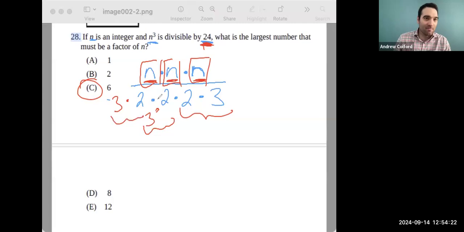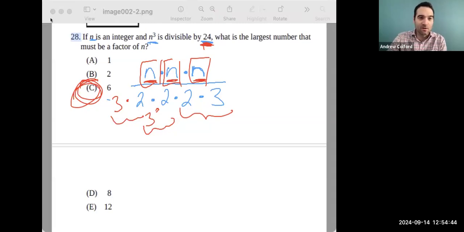And so at a minimum, n cubed must be divisible by 6 times 6 times 6, and therefore n at a minimum has to be 6. Okay, great. Elaine isn't here at the moment, but she and I can talk about this offline. Let's move on to the next one.